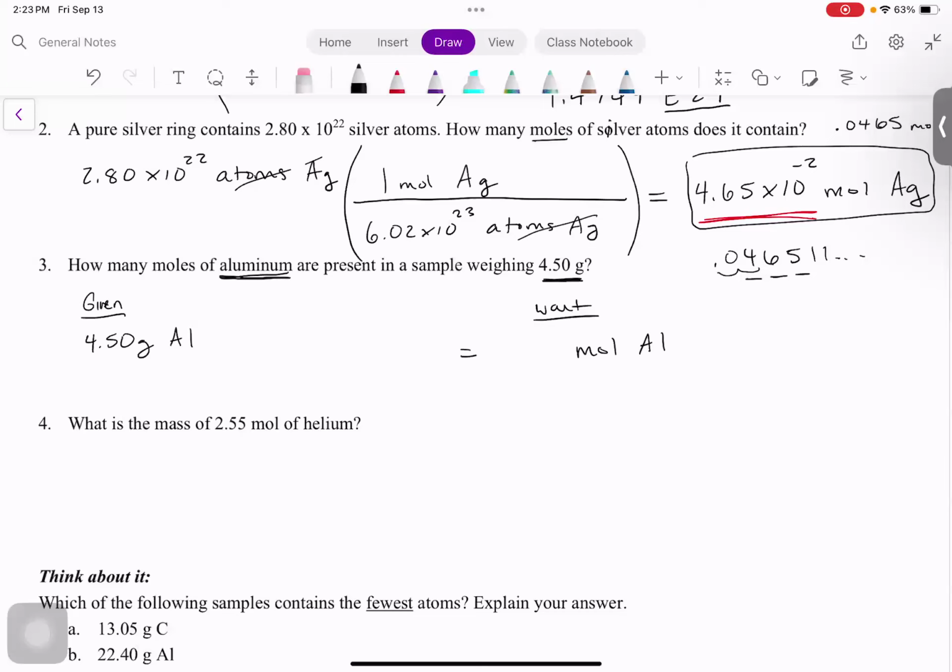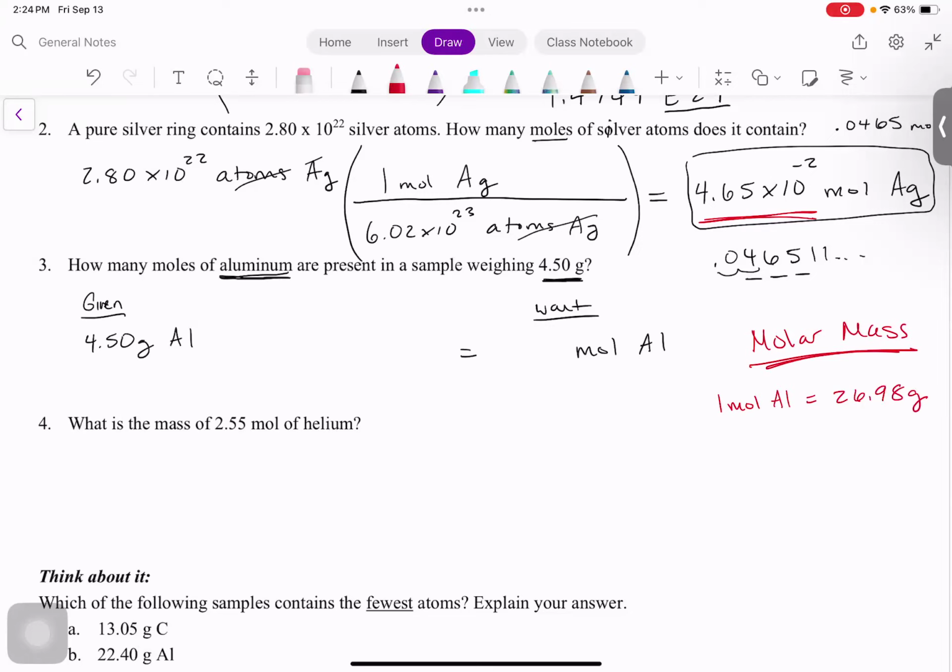If you're converting between mass in grams and moles, what you need is the molar mass, right? That's why it's called the molar mass. It's the mass of 1 mole. We get that information from the periodic table. So what the periodic table tells me is that 1 mole of aluminum has a mass of 26.98 grams.